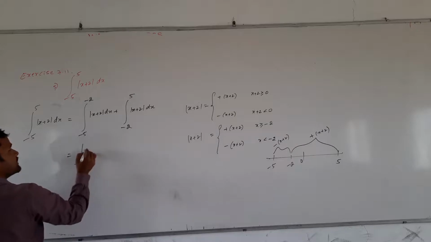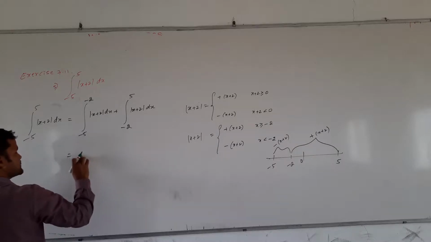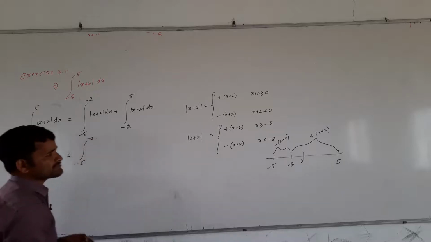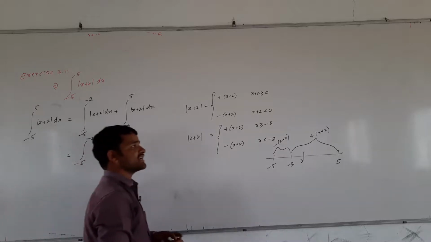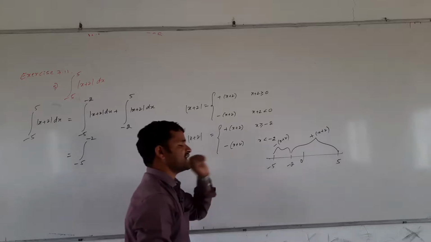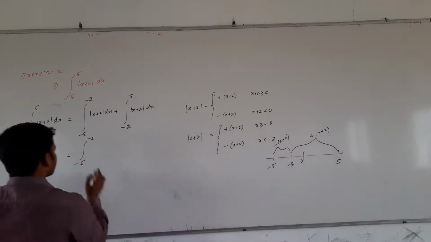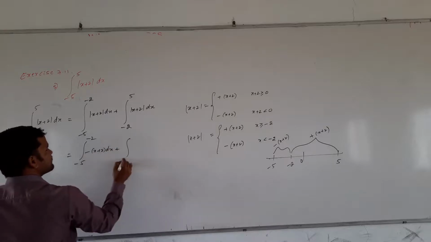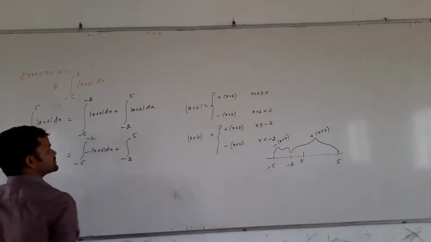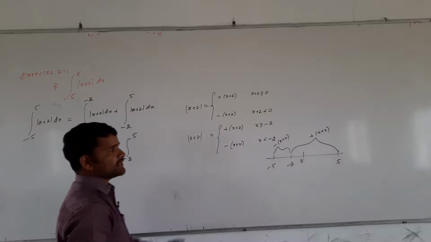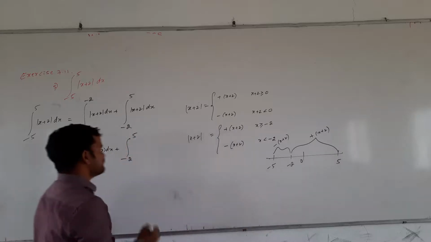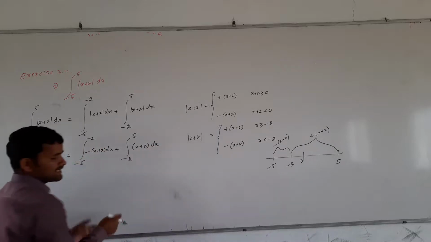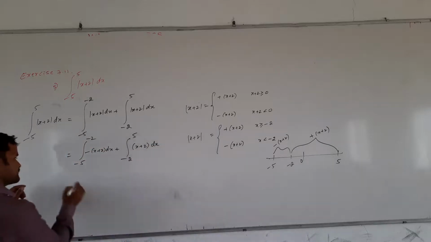Now, integrating from minus 5 to minus 2, which one do I have to take? I have to take minus of x plus 2, into dx. Now, when we integrate from minus 2 to 5, we have to take plus of x plus 2, into dx. Now, it is very easy to integrate.